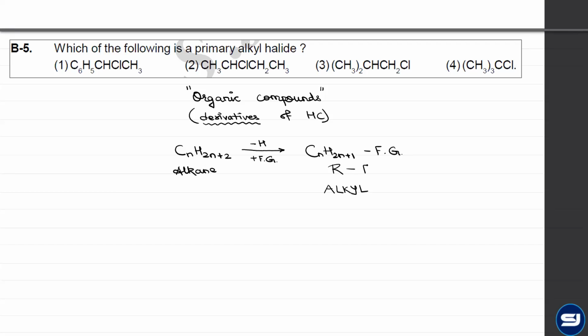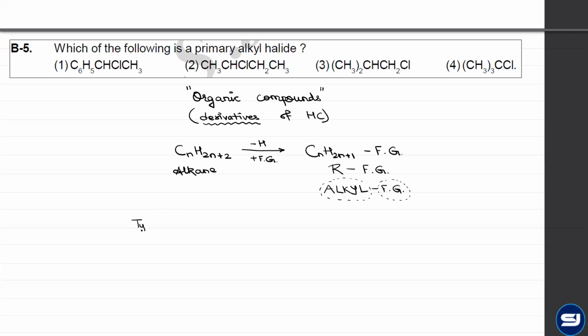So any organic compound can be represented as alkyl with a functional group. Organic compounds consist of two parts: one is a hydrocarbon chain, which is the alkyl group, and one is the identity or the surname, which is the functional group. Correct.